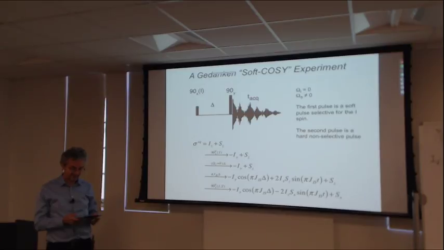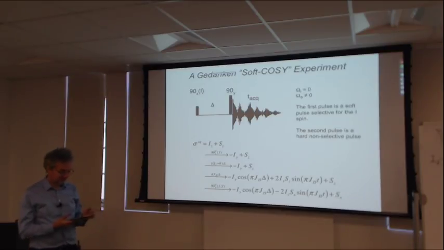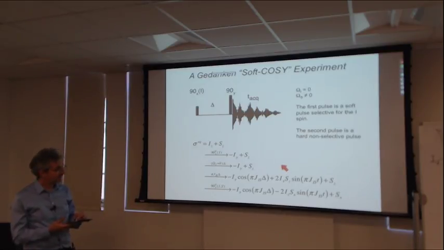Everybody happy with that? Notice that before the 90-degree pulse, we had only transverse I-spin magnetization. If we had turned the receiver on now, after the period delta, we would only see resonance frequencies for the I spin. After the pulse, we now see a boring part. This is boring. This contains the S magnetization. This is interesting.